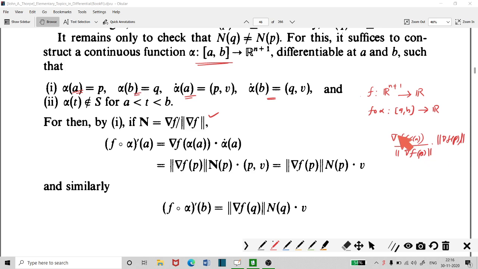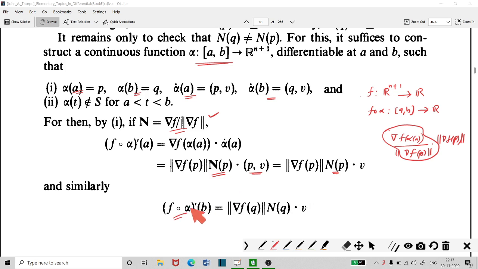So we can consider this as the normal vector field defined in this case. So we can write it as n of p into norm of del f of p dot alpha dot. By assumption we have constructed alpha in such a way that alpha dot is equal to (p, v). By taking the dot product you can get this constant times n of p dot v. This is the vector part of this vector field. Okay, n of p dot v.